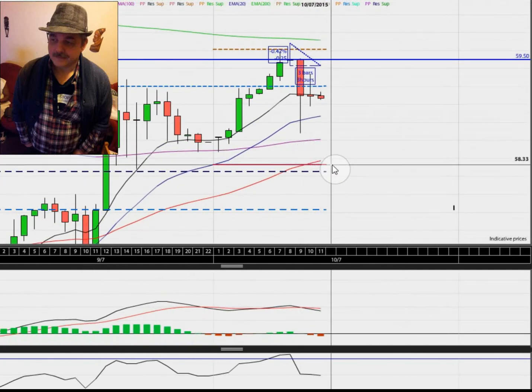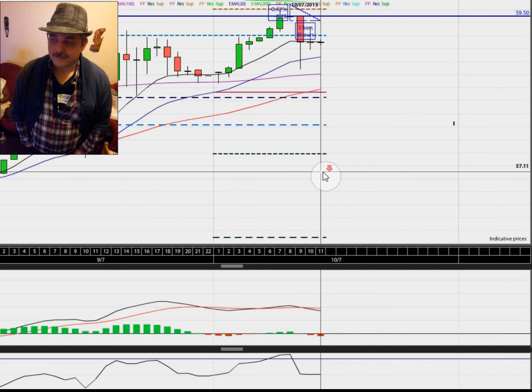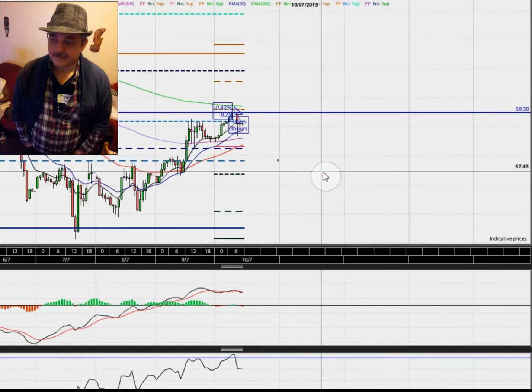So if you had worked off that resistance level there, which is indicated by the cluster, you could have actually used a candle potentially. It is a riskier trade using the candle.